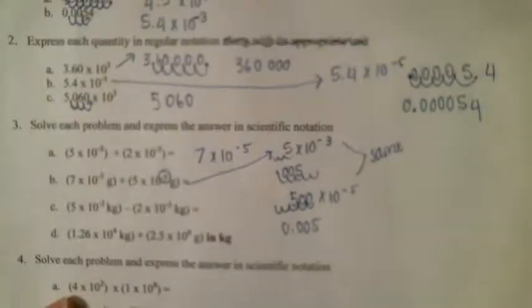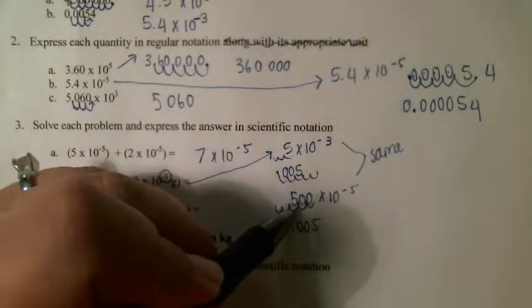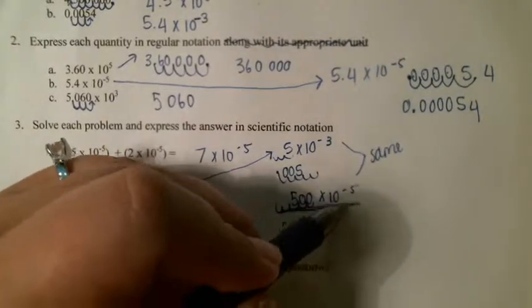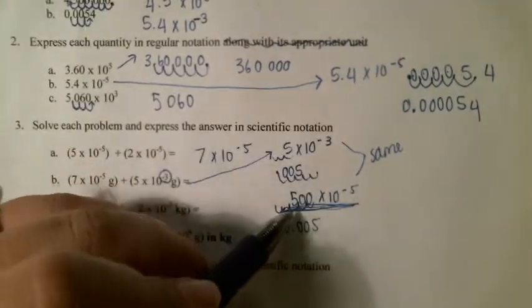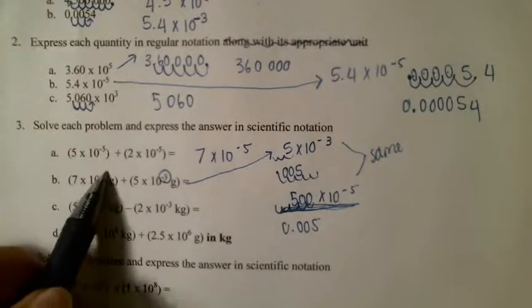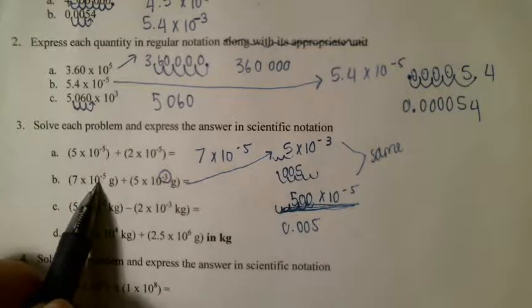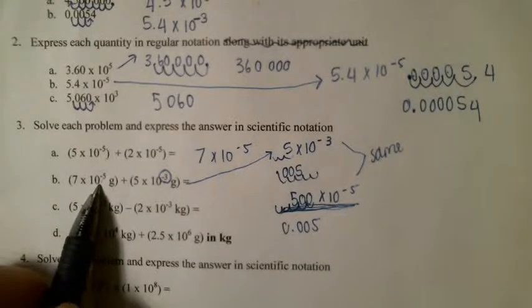But in order to add and subtract, we're going to have to use this number, 500 times 10 to the -5th, so that the exponents are the same as the first part of the question.